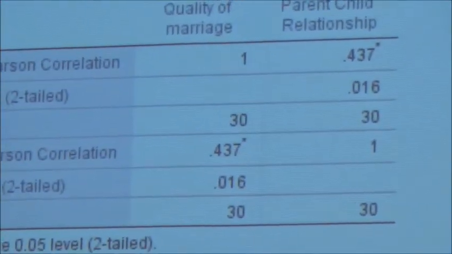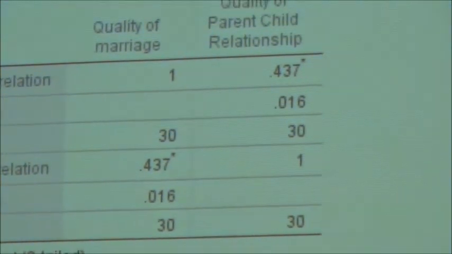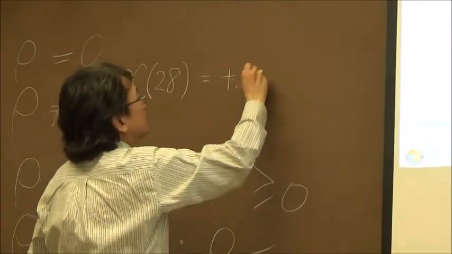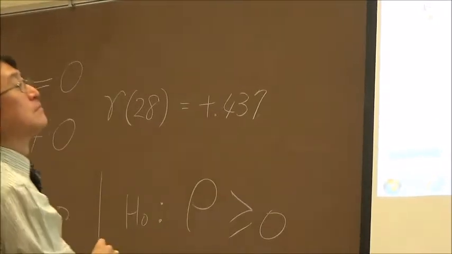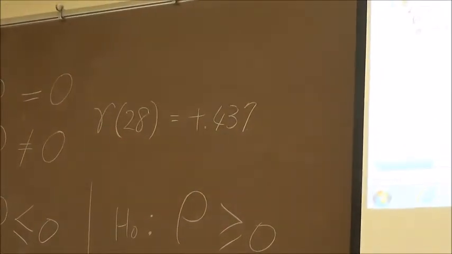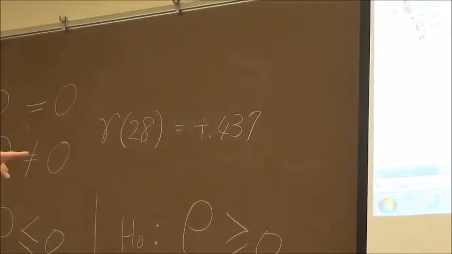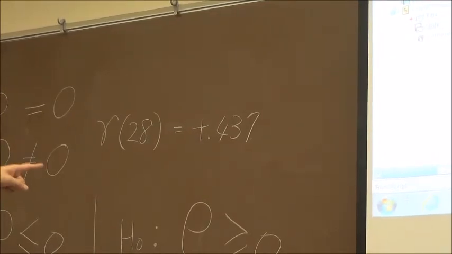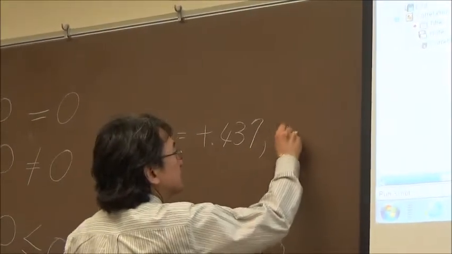N minus 2 is the degrees of freedom. With me so far? That's the correlation. And then the t value.